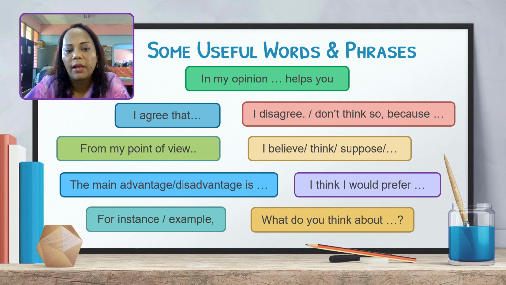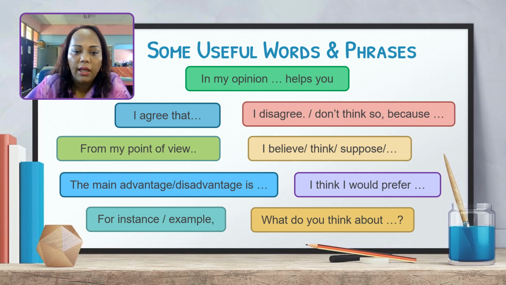Or if you're talking about advantages or disadvantages, you say the main disadvantage is, or the main advantage is, or I think I would prefer, or I think I like, for instance, or for example. And then you can even ask questions, start off your discussion by saying, what do you think about? So these are just some examples.